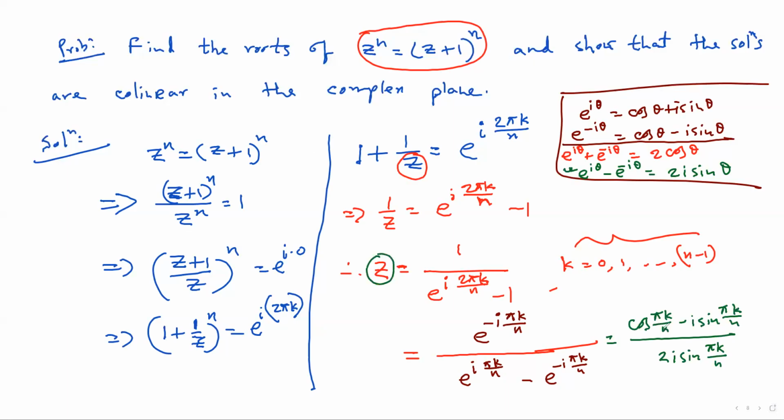So we started with z here, remember? So in the next page, therefore z is, let's rewrite what we got there again. So cos pi k by n minus I sine pi k by n divided by 2I sine pi k by n.